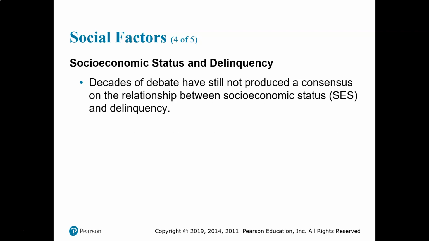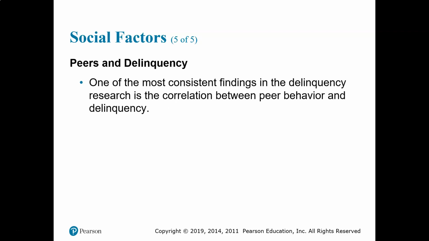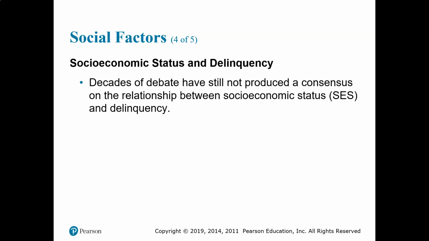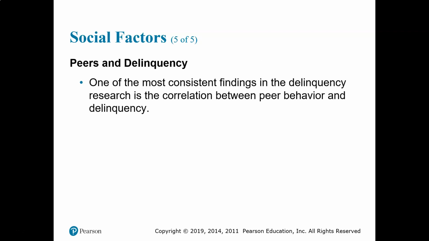Socioeconomic status. This is another one. Decades of debate have still not produced a consensus on the relationship between socioeconomic status and delinquency. But typically, the rates of delinquency are higher among those with lower socioeconomic status. Peers. If you lie with dogs, you get fleas.